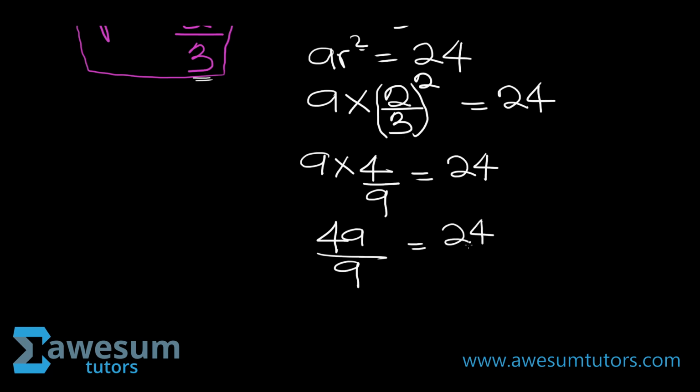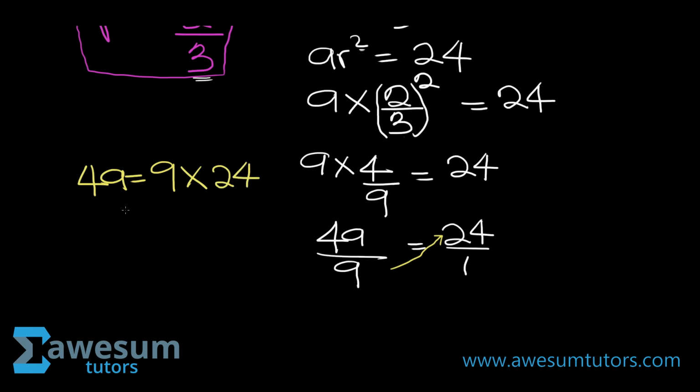Now it's going to be 24 over 1, right? So in this case, we can cross multiply. So that means I can have 4a equals 9 times 24.